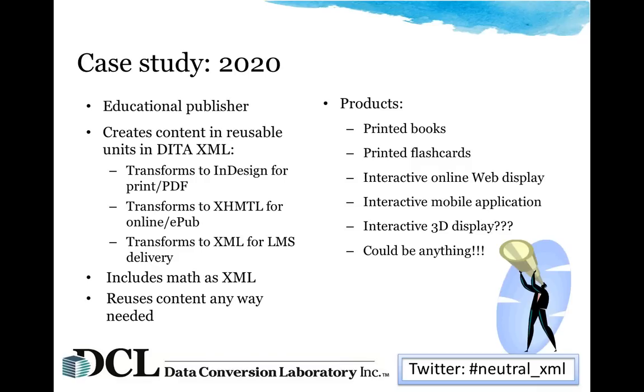Notice that what we're seeing is that it's a transform. You're starting from something neutral that's in small reusable units. You create your deliverable and you generate it. And this means that instead of having to start in one technology and then convert everything, you're starting in a neutral technology and generating what you need from it.